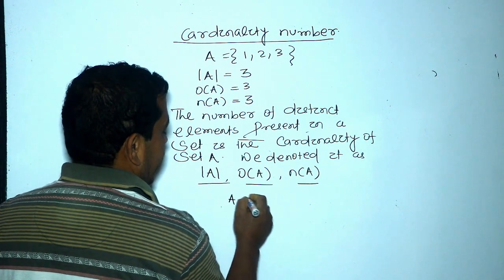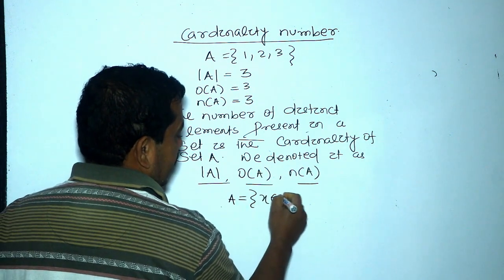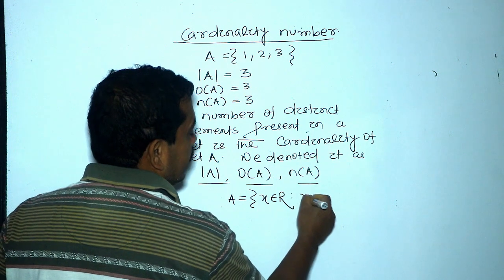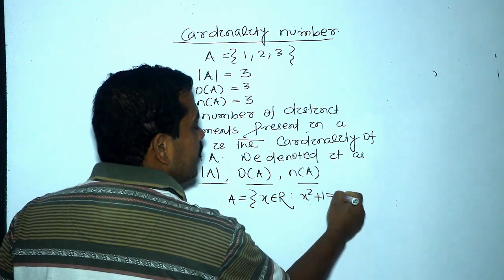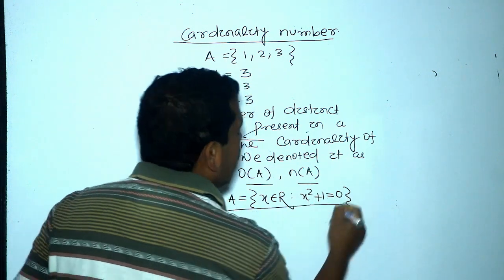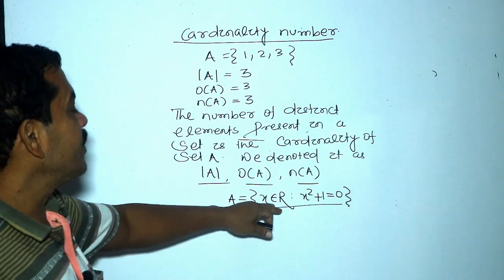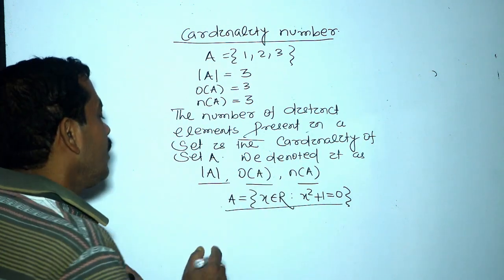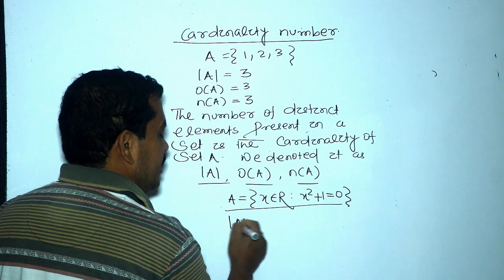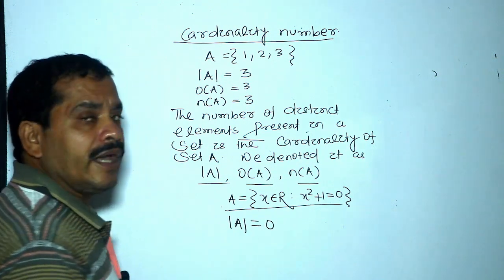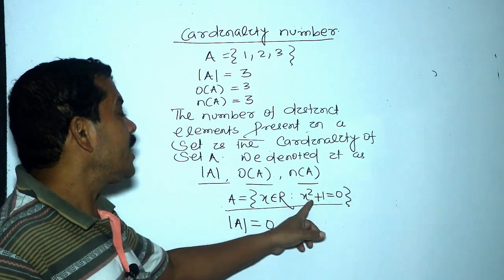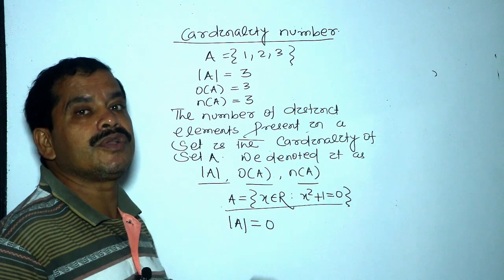Suppose set A contains elements x belongs to R such that x square plus 1 is 0. This is the set builder form of this set. So the cardinality of set A is 0 because there is no real number which satisfies x square plus 1 equals 0.